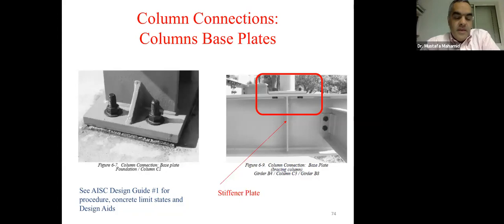So the base plate can be designed, of course, using AISC Design Guide number 1. That gives a complete procedure for designing the base plates and also the concrete and the anchorage to concrete.